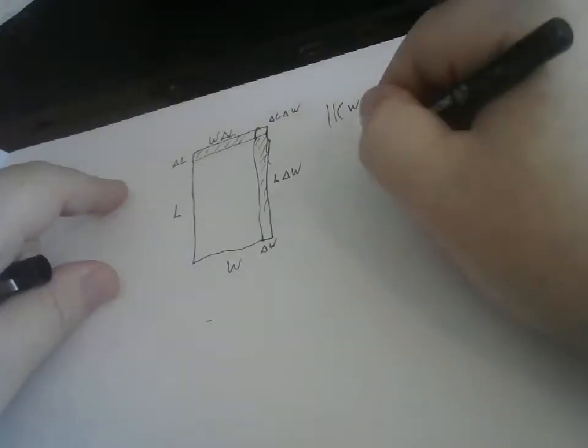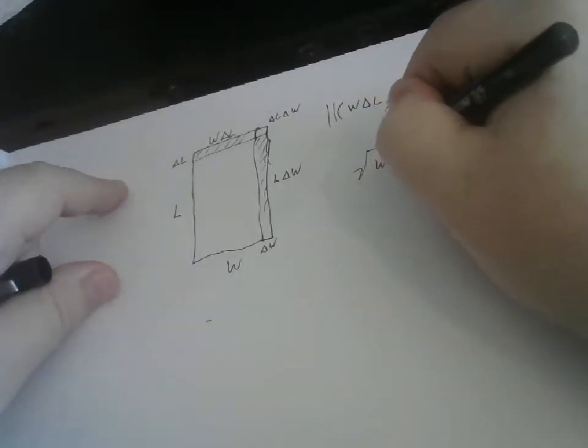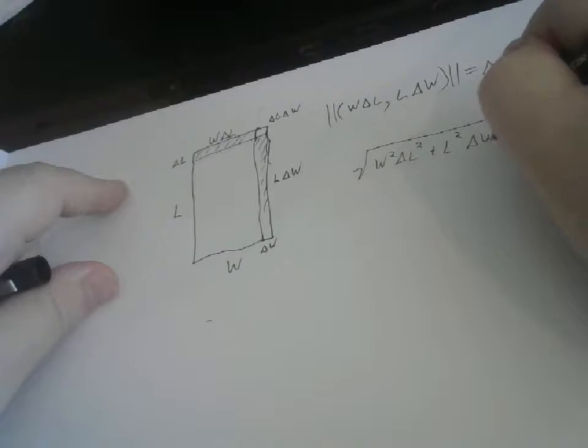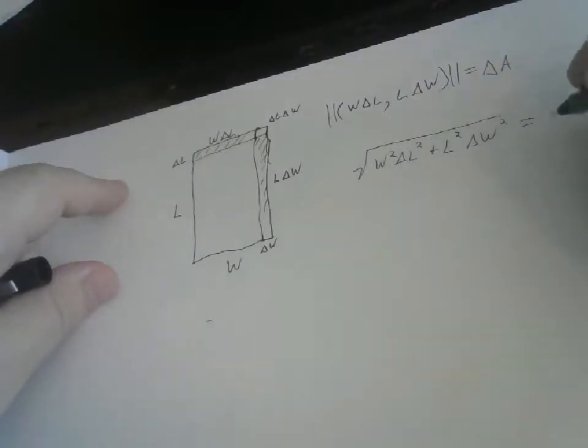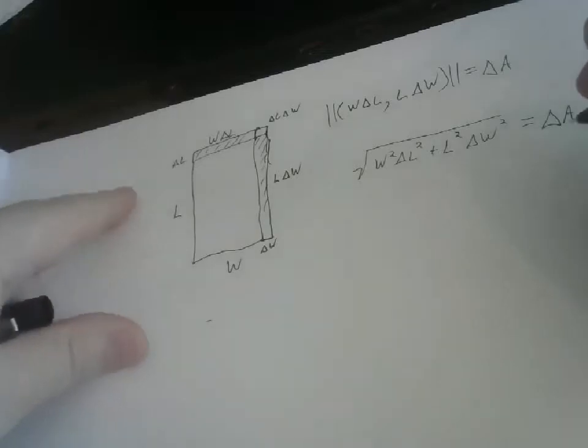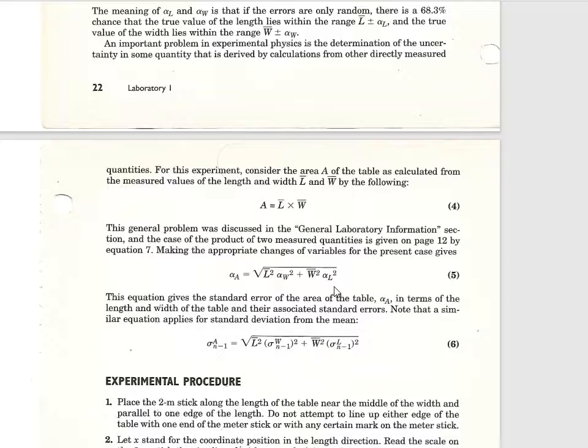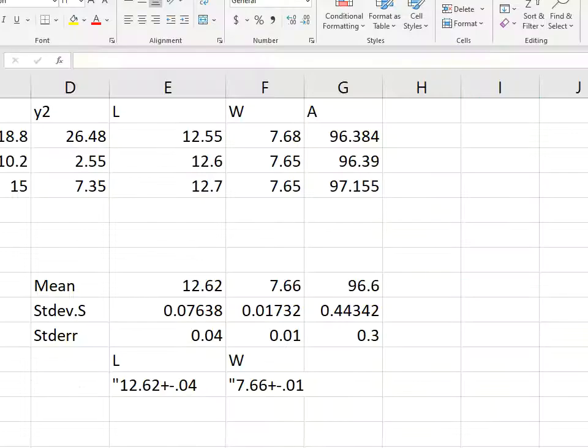So we have the square root of W squared delta L squared plus L squared delta W squared. So that is our delta A, and we just replace the delta L with an alpha sub L and the delta W with an alpha sub W. And that's how equations 5 and 6 are essentially derived.